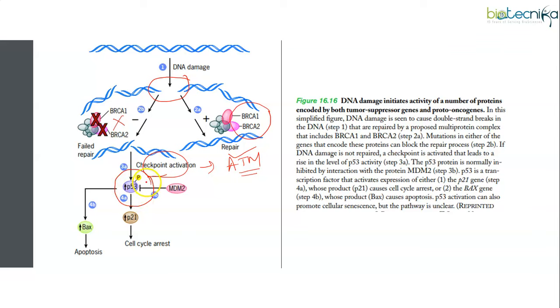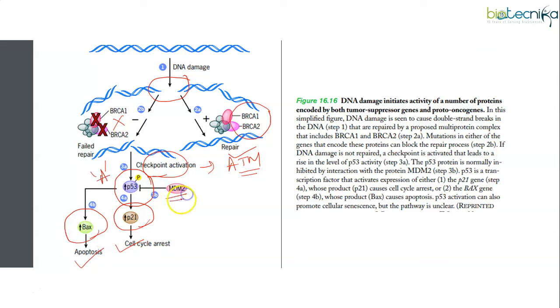So once your p53 is phosphorylated, it results in its activation. Once it is activated, as I mentioned before, either it will halt the cell cycle by increasing the levels of p21. If the damage is severe, it will increase the pro-apoptotic proteins like BAX, inducing apoptosis.